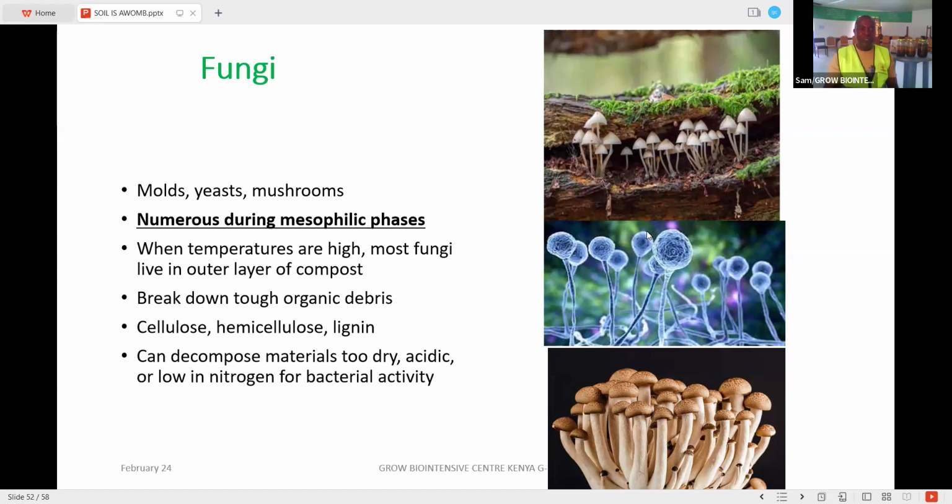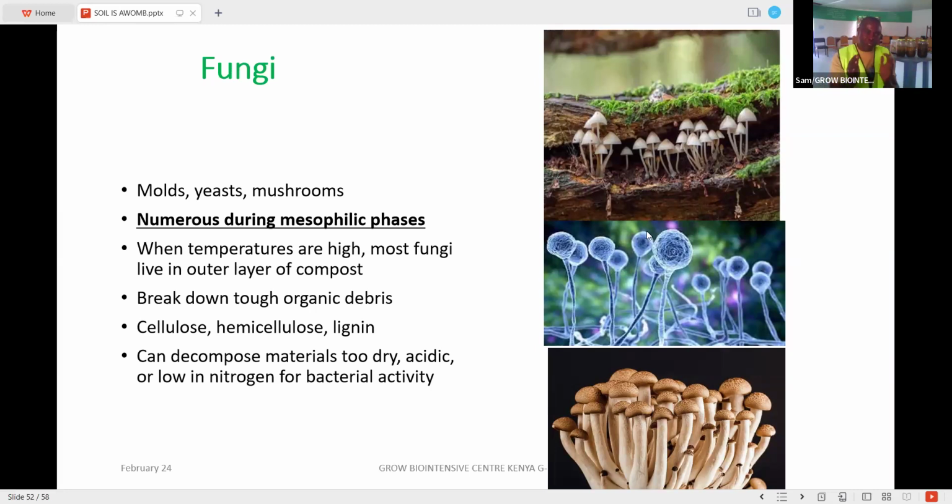Sometimes you see something like a mushroom. All mushrooms are fungi. Among both bacteria and fungi, we have good and bad ones. There are fungi that you eat and some you do not eat. When you eat them, you die. The yeasts, the molds, and mushrooms are all in the same category.